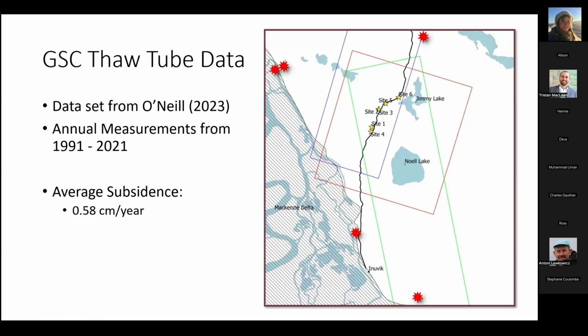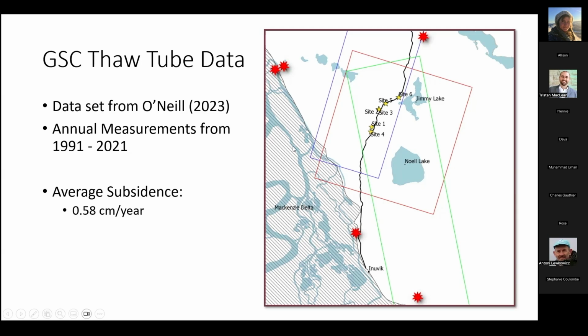And then just to look at supplementary data, there's the Geological Survey of Canada thaw tube dataset that was published in the O'Neill 2023 paper, where they had annual thaw tube measurements from 2019 to, I should change that, it's 2018. And so I don't have any of these thaw tubes.